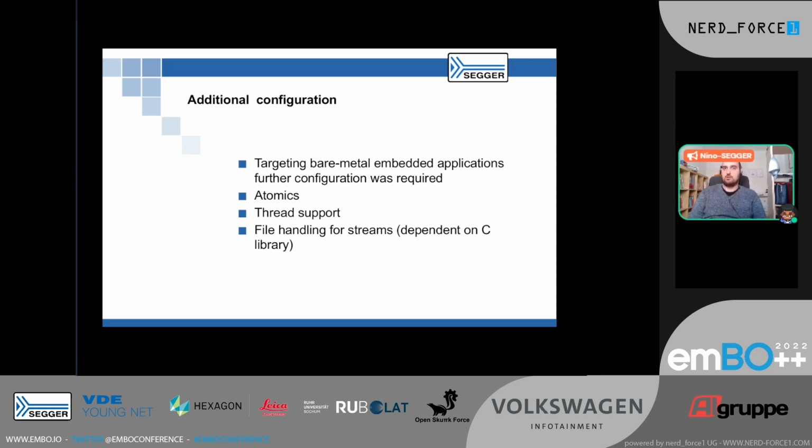In this case, for this library, I'll talk about it in more detail later. It's pretty much dependent also on the C library, and we'll get to that in a couple of slides. So we looked at these points and at what needs to be done to make them work.